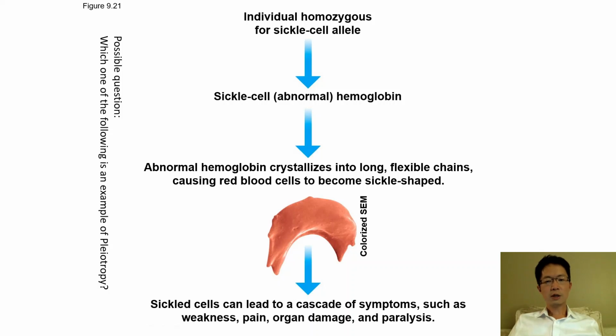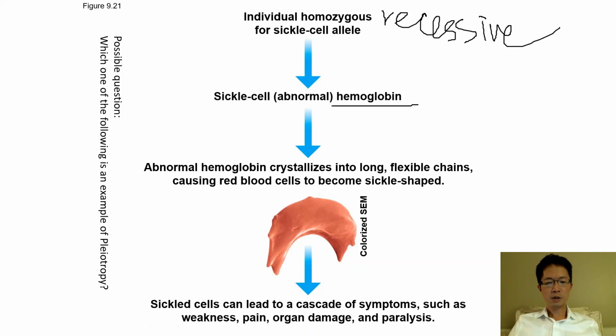Homozygous recessive, we should emphasize this. Then they will have abnormal hemoglobin, and also the red blood cell will become sickle shaped, just like this one, and it will cause all these symptoms: weakness, pain, organ damage, and paralysis.